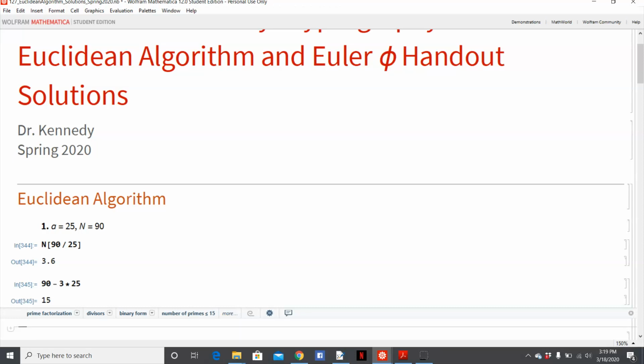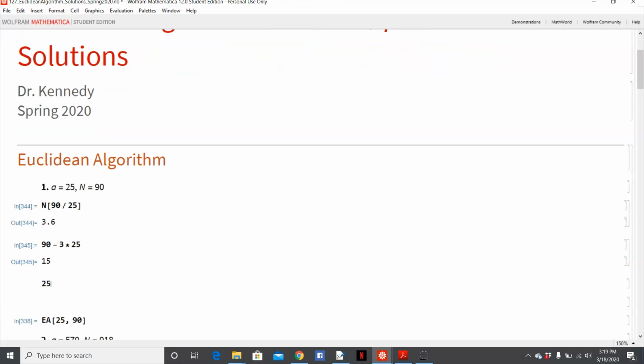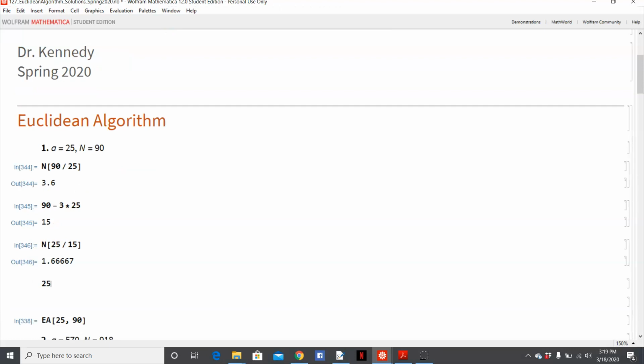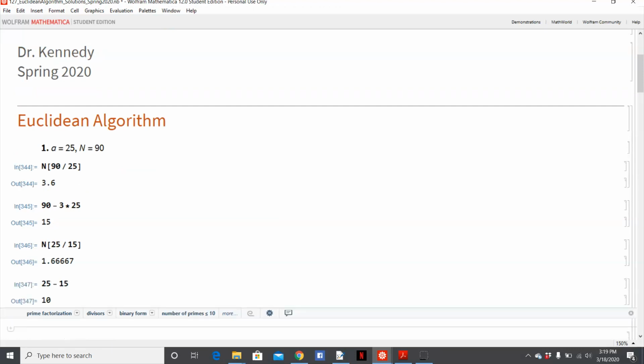Okay, so now I am going to take 25 and divide that by 15. Not surprisingly, it goes in 1 and change. So I take 25 and subtract 15 and I'm left with 10. All right, now I will divide 15 by 10.